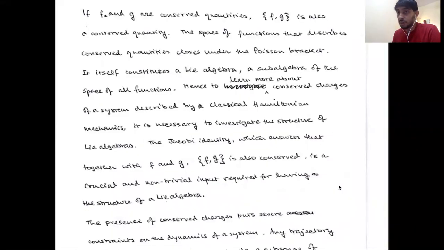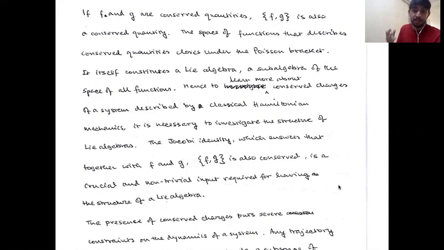Now, if you have two such functions, f and g, that are conserved quantities, then the Poisson bracket of f and g is also a conserved quantity. So the space of functions that describes these conserved quantities closes under the Poisson bracket.